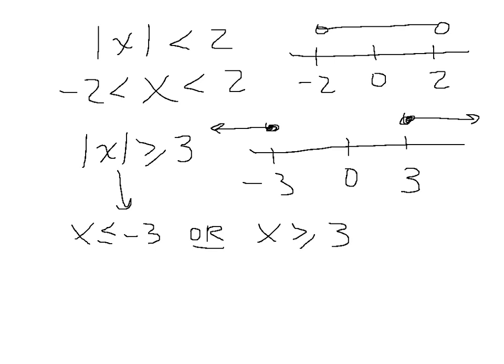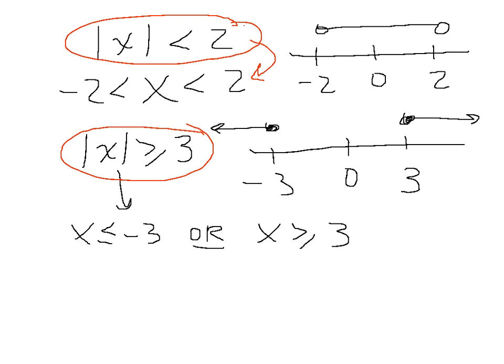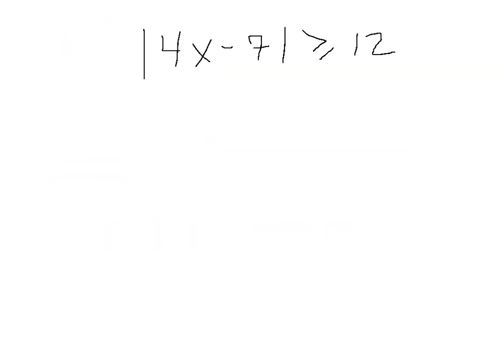Okay, so what we see is that this statement translates here, and this statement translates there. In other words, here's how I rewrite that without using absolute value, and the same thing here. So this is a typical example of an inequality involving absolute value.